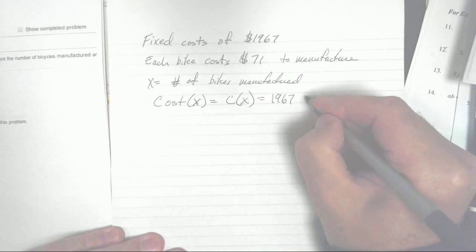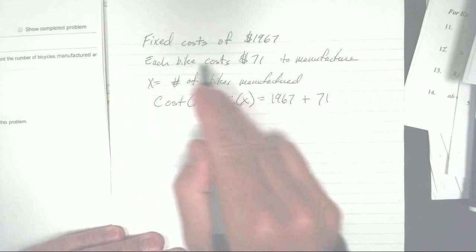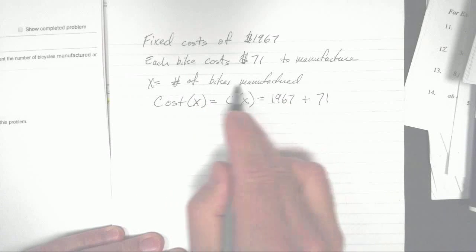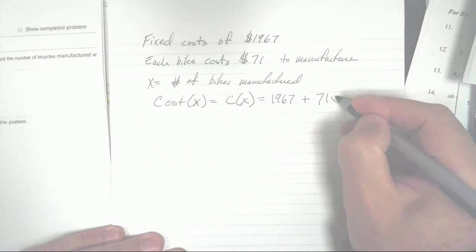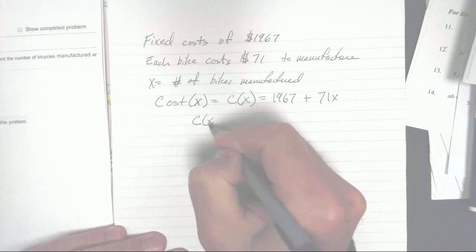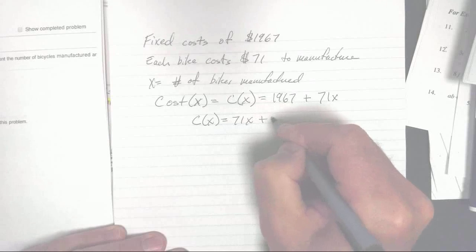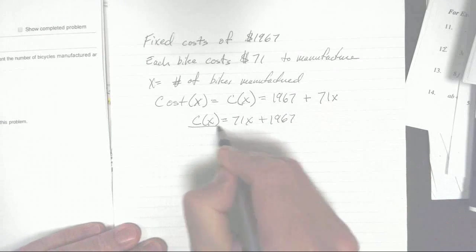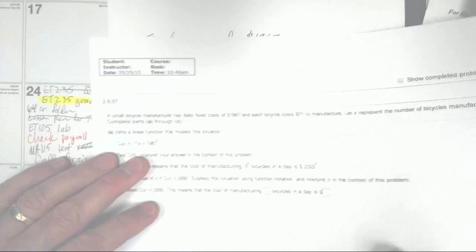And then on top of that, it's $71 for every bike that's manufactured. For each bike, it's $71. So we have 71 times the number of bikes, which we defined as X. So our equation, in traditional format, will be C of X equals 71X plus 1,967. So that would be the first part of this question where it talks about a linear function.